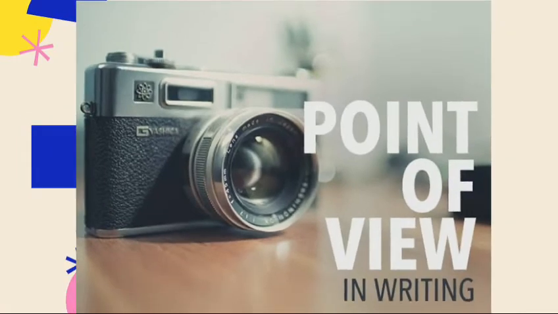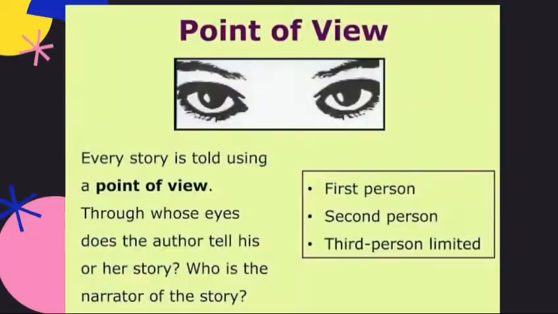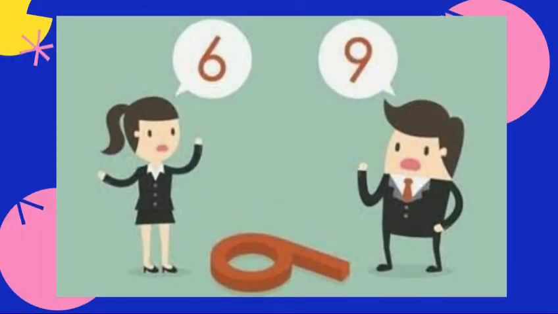Now, point of view. Every story is told using a point of view. Look at this picture carefully. From the position that the first person is standing, he sees this figure as 6, while the next person sees it as 9.